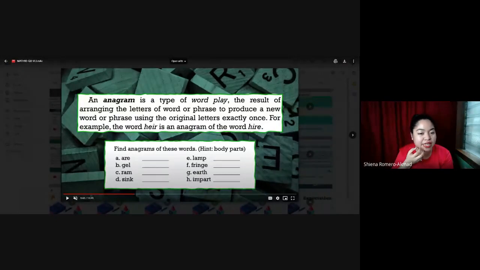We have A, AR, B, gel, C, RAM, D, nilam, F, fringe, G, earth, and H, improve.